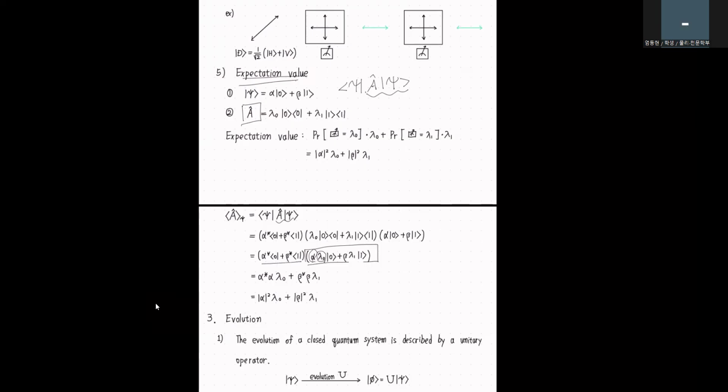And then if we take this product, we also get these cancel out to give us the probability squared of lambda 0, lambda 1. And since this is the probability and this is the outcome, this is what we call the expectation value. Or basically the mean.